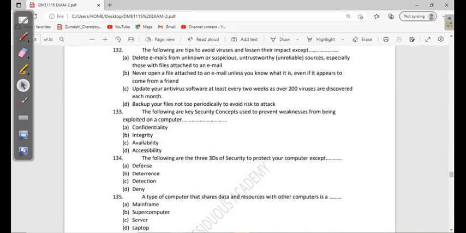Which one do you think is correct? The answer is D. You need to back up your files periodically to avoid risk of attack.